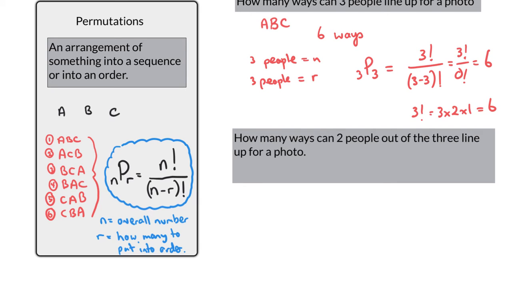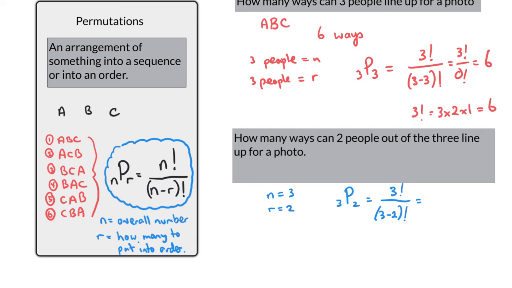So how many ways can 2 people out of the 3 line up for a photograph? Well, it's very similar. So we know that n is 3 because that's the overall number, and we know that r is 2 because we only want 2 people to line up for a photograph. So it's going to be 3P2, which is going to be 3 factorial over 3 minus 2 factorial.